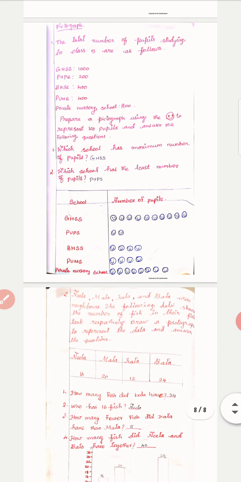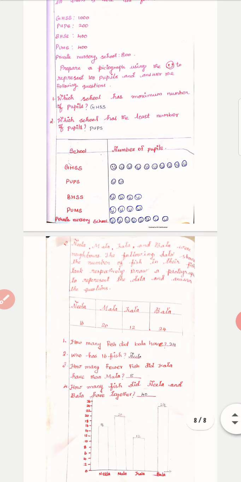First, what is given? GHSS. How many? 1000 students. So for 1000 students you draw smiley pictures. One smiley represents 100, so how many smileys do we draw for 1000? 10: 100, 200, 300, 400, 500, 600, 700, 800, 900, 1000.